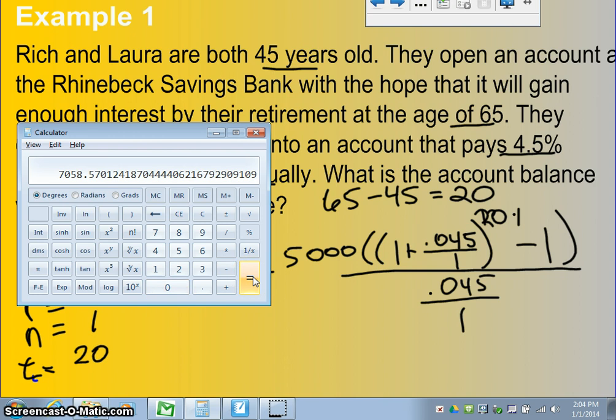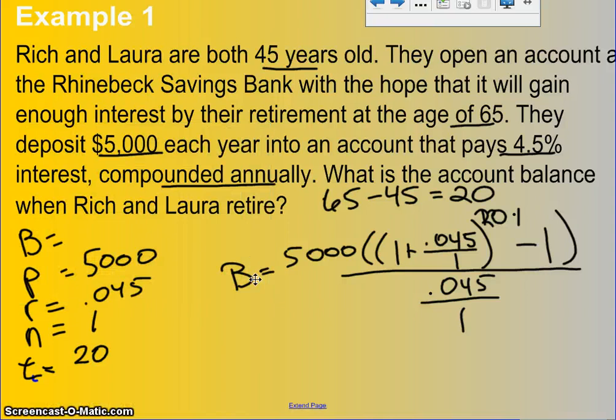And then we're going to look at the lower value and divide that by 0.045 divided by 1, close my parenthesis, and I end up with $156,857.11.